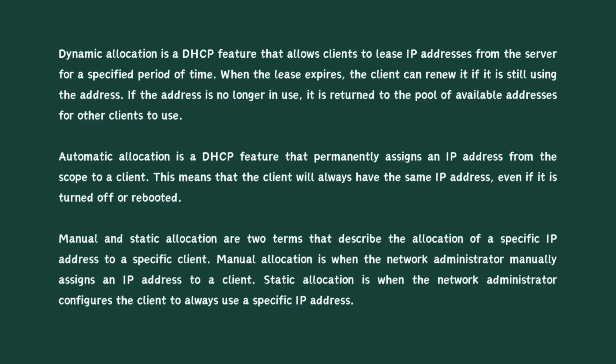This means that the client will always have the same IP address, even if it is turned off or rebooted. Manual and static allocation are two terms that describe the allocation of a specific IP address to a specific client. Manual allocation is when the network administrator manually assigns an IP address to a client. Static allocation is when the network administrator configures the client to always use a specific IP address.